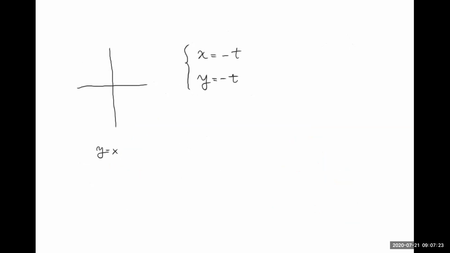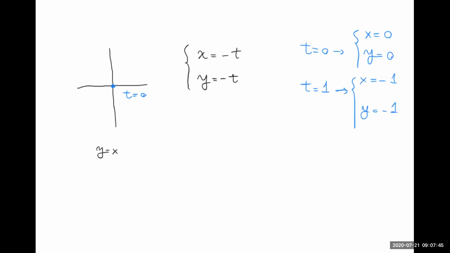This gives us another parametrization of the same line. Why? Well, let's see. If t is 0, x equals minus 0, y equals minus 0. So at t equals 0, the particle is here. What about at t equals 1? What about after 1 second? Well, x equals minus 1, y equals minus 1.